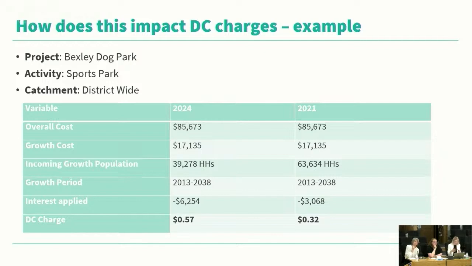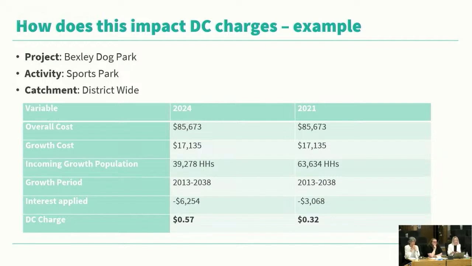So with this project, in 2021 it was projected that there would be an additional 63,000 households over the funding period of this project. And in 2024, that's gone down to 39,000 households. And then in terms of interest, the cost to service the debt associated with this project has essentially doubled.